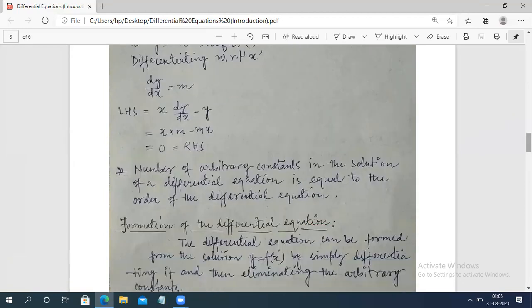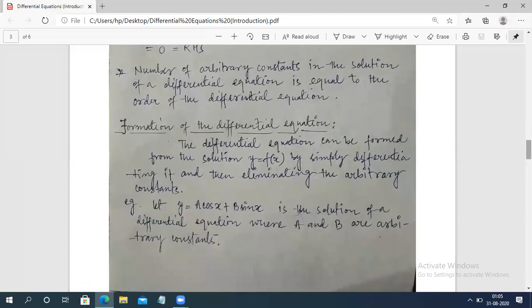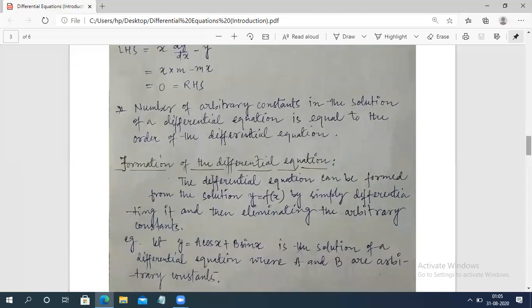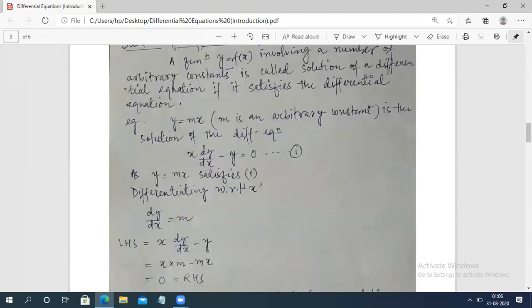Next, the formation of a differential equation. The solution of a differential equation is a function which satisfies the given differential equation and contains arbitrary constants, and the number of arbitrary constants present in the solution determines the order of the differential equation.